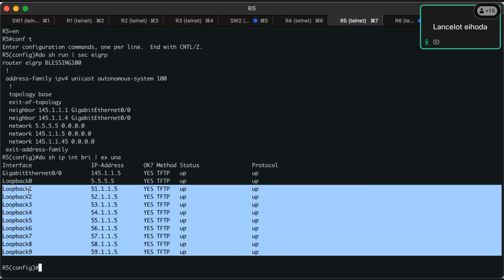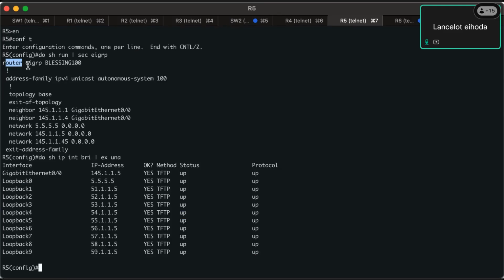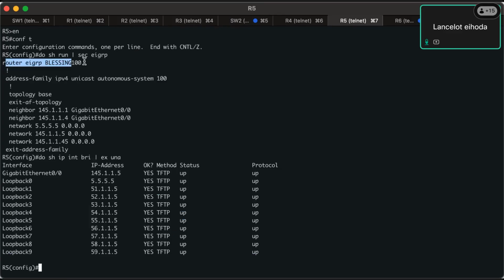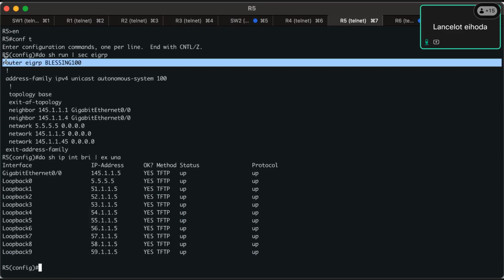So since you say maximum of 10, 1, 2, 3, 4, 5, 6, 7, 8, 9. So let's see if we can look for trouble, and let's see if we can trigger the warning. Let's see if that configuration is correct.